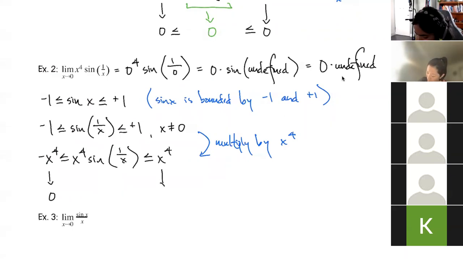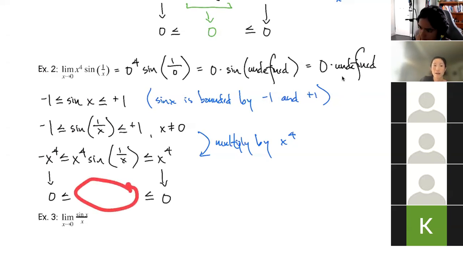And when I plug in 0 up here, it's going to be 0. Now, if I plug in 0 in the middle, I'm still going to get undefined. But what I've created is a situation where the only choice for the middle is it has to be a number between 0 and 0, which is 0.